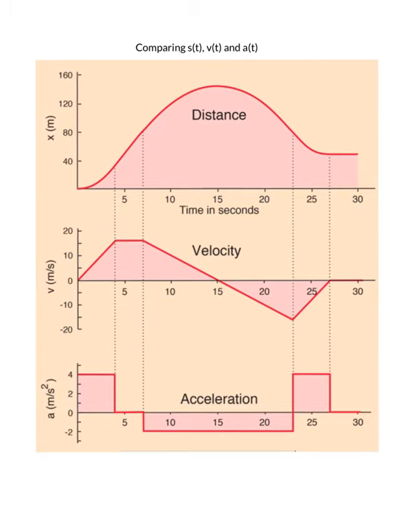What you'll see in this series of graphs is a distance, velocity, and acceleration graph. This is just an image that I found. It's not the function that we were looking at previously. What you'll also find is that below I gave you these exact same graphs with some bubbles in there, and then below that even more are the solutions. So what I want you to do right now is take a look at these graphs and see if you're noticing anything.